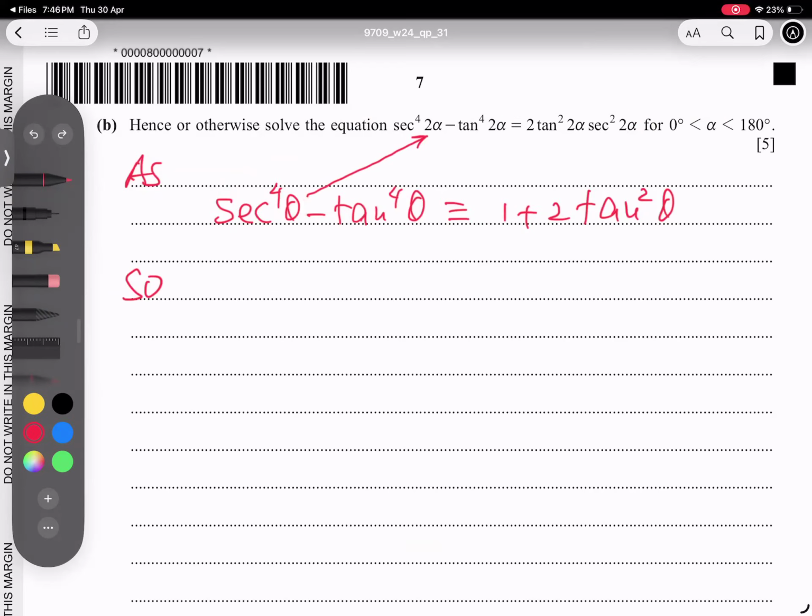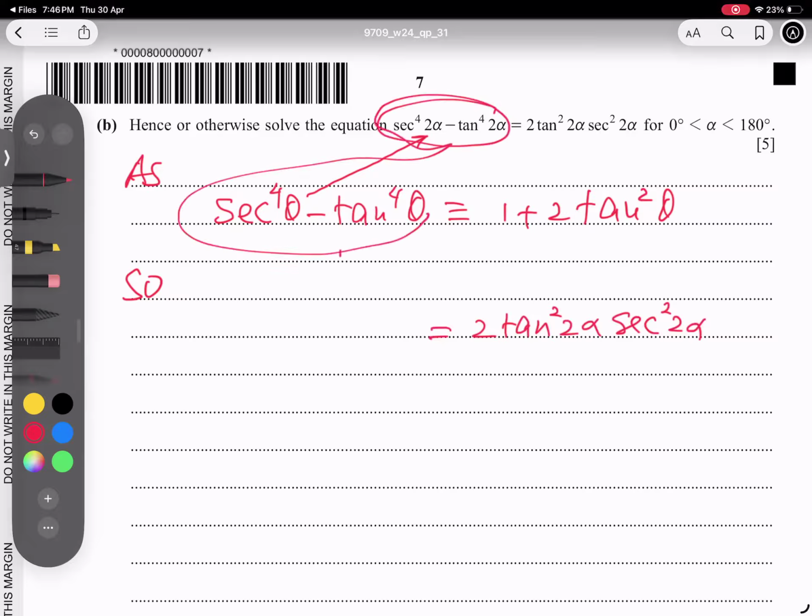First of all, this right hand side, student, I'm writing as it is. So 2 tan square 2 alpha secant square 2 alpha. But left hand side, because it matches, I will replace by this one. So I will copy the whole thing here, 1 plus 2, but in the place of theta, I will replace 2 alpha.